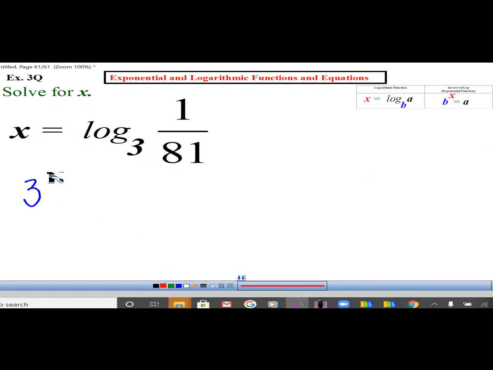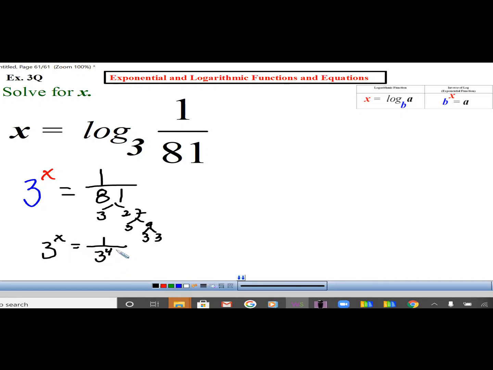Our exponent is x, and the given number is 1 over 81. All right, so they're going to have the base of what? 3. So 81 divided by 3 is 27. 27 divided by 3 is 9. And 9 divided by 3 is 3. So how many 3's do we see? 4. So this could be written as 1 over 3 to the 4th, and all that equals 3 to the x.